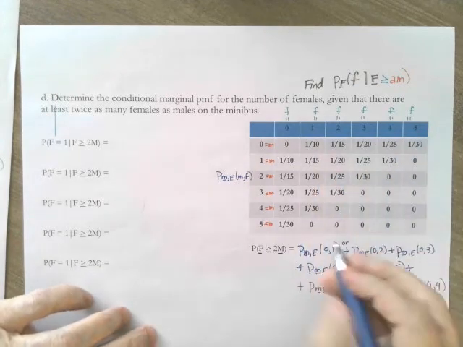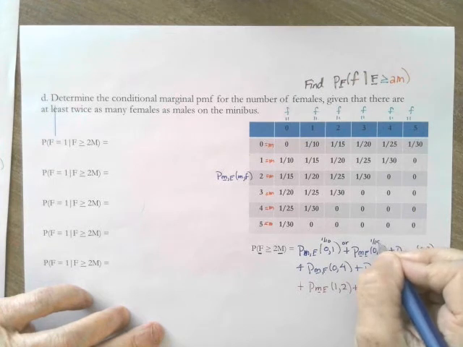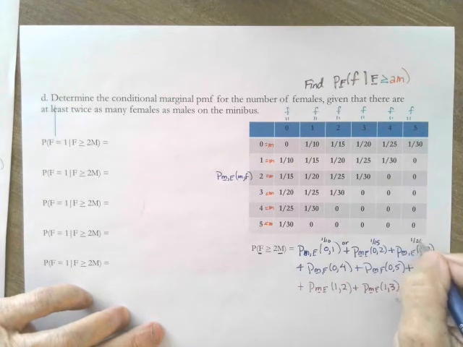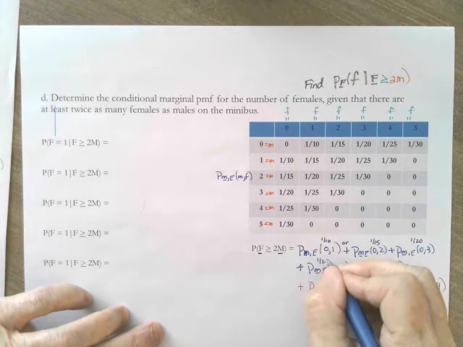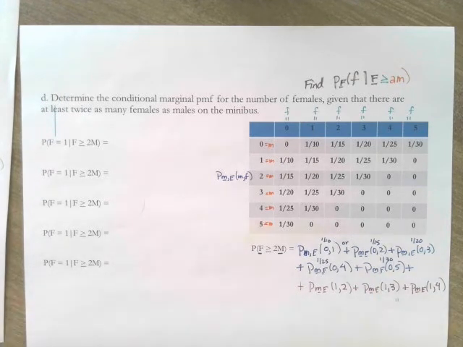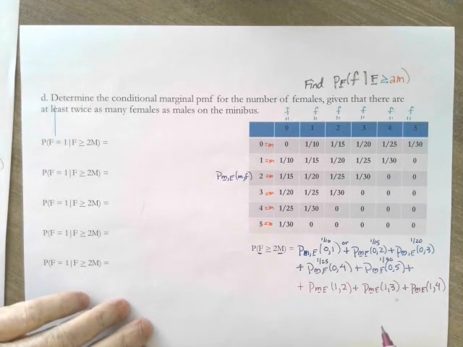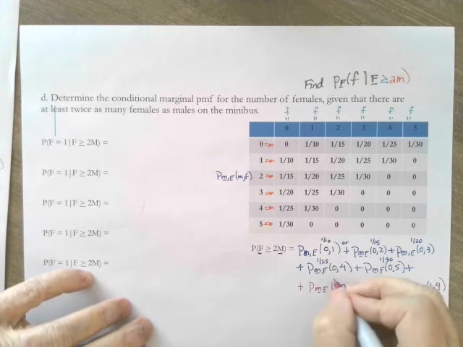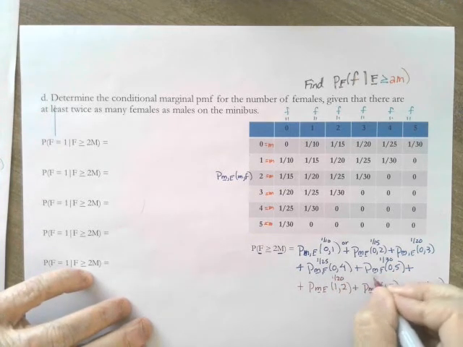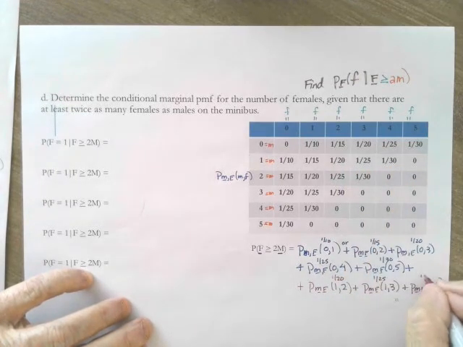Here, this will be 1/10 plus 1/15 plus 1/20 plus 1/25 plus 1/30. And then down on the next row, the appropriate values: that 1, 2 is going to be 1/20 plus 1/25 plus 1/30 plus 1/30.